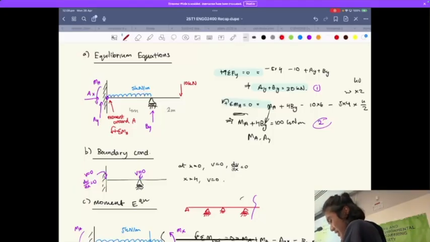Basically, what this is saying is this is the internal moment MA, and this MA here is the external moment MA. So the moment that's in purple is a reaction force. The one that's in red is the internal force. You know how when you have a bending moment diagram, it should start at 0.